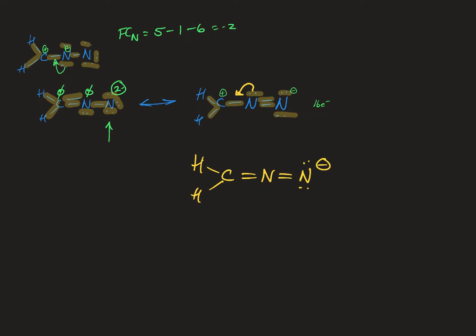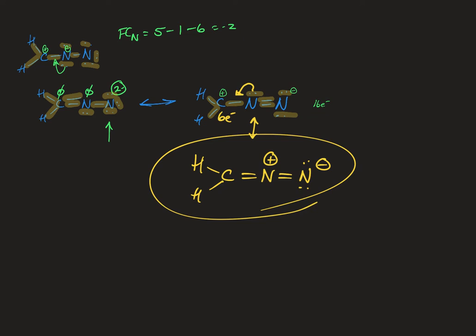Now we have that nitrogen still negative, and that one is positive. And that is a better resonance structure because this carbon has 6, and every atom in the bottom one has 8. So there you go, that is a better resonance structure.